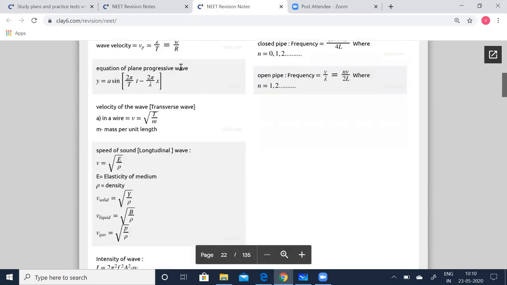Equation of plane progressive waves, y is equal to a sin((2 pi by T) t minus (2 pi by lambda) x).